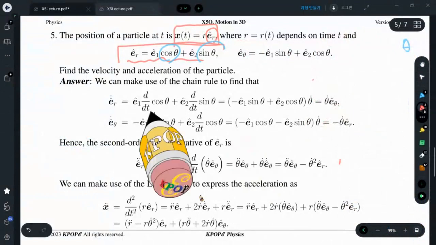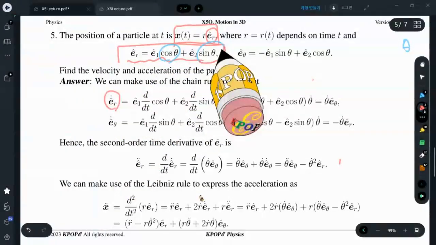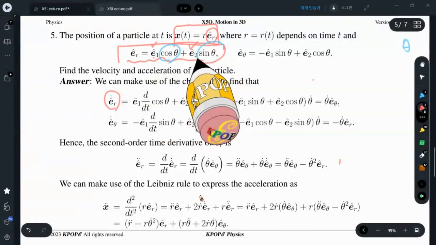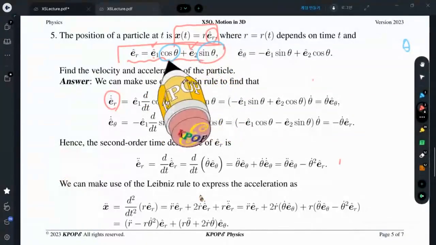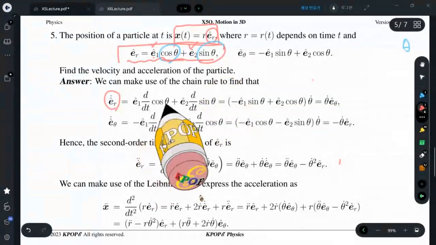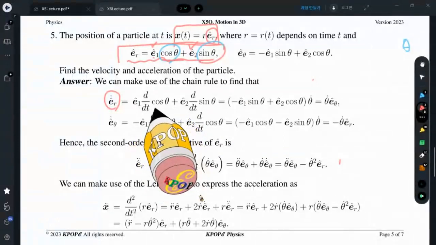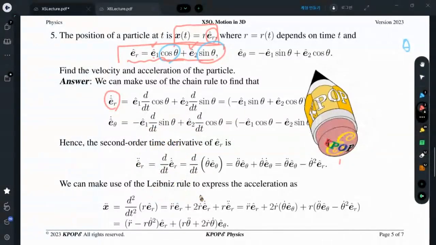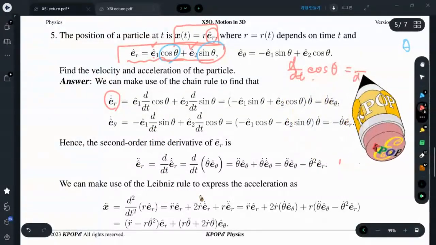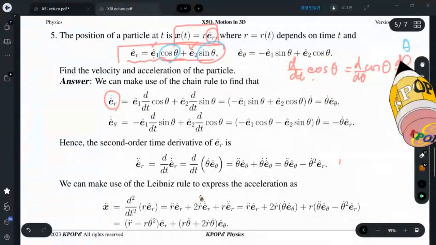use this. We take the derivative of the unit radial vector. And we know these Cartesian basis vectors are independent of time. Only the cosine theta can depend on time. However, they depend on time indirectly through theta. So we can make use of the chain rule. So cosine theta's time derivative is first take the theta derivative of cosine and then multiply by the time derivative of theta.